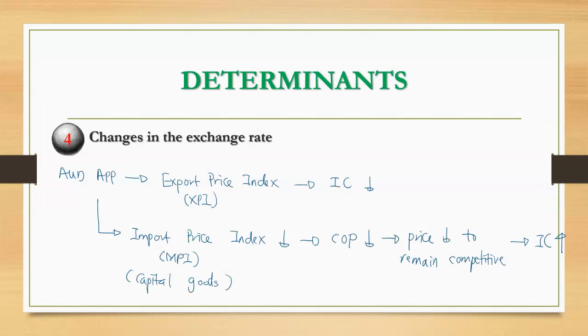Okay, changes in the exchange rate. It would be the fourth determinant. So for this change, we are looking at your exchange rate value. If you don't know what exchange rate value is, you may view the previous recordings. So when we are saying that if the Australian dollar appreciates, then the price of Australian exports, in a later chapter you will learn in detail what the export price index and import price index are, but for now I'll use layman's terms, the price of Australian exports will be more expensive in terms of foreign currency.